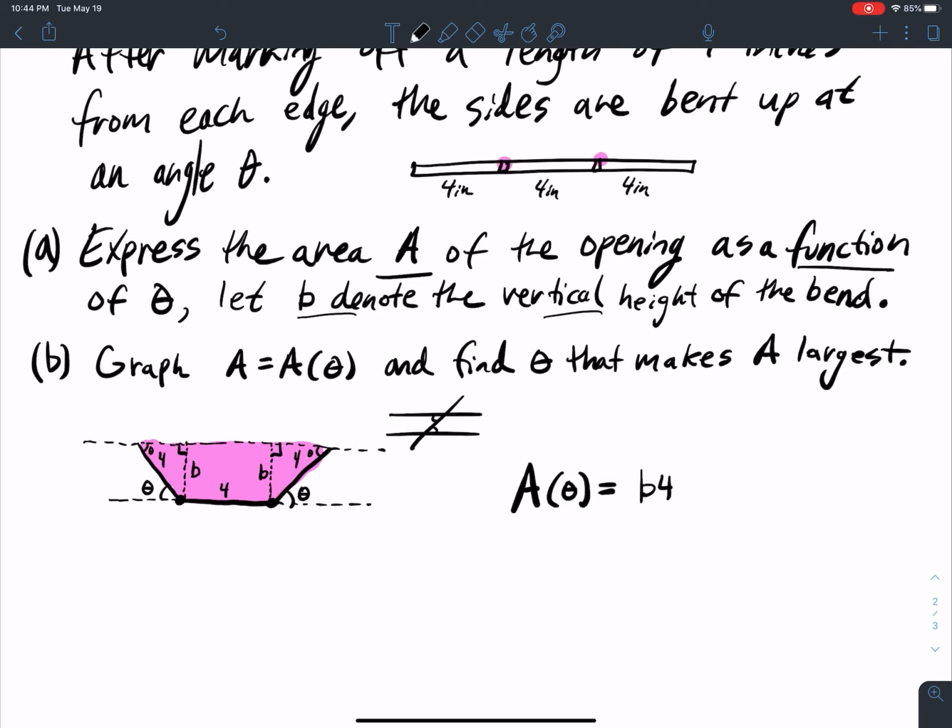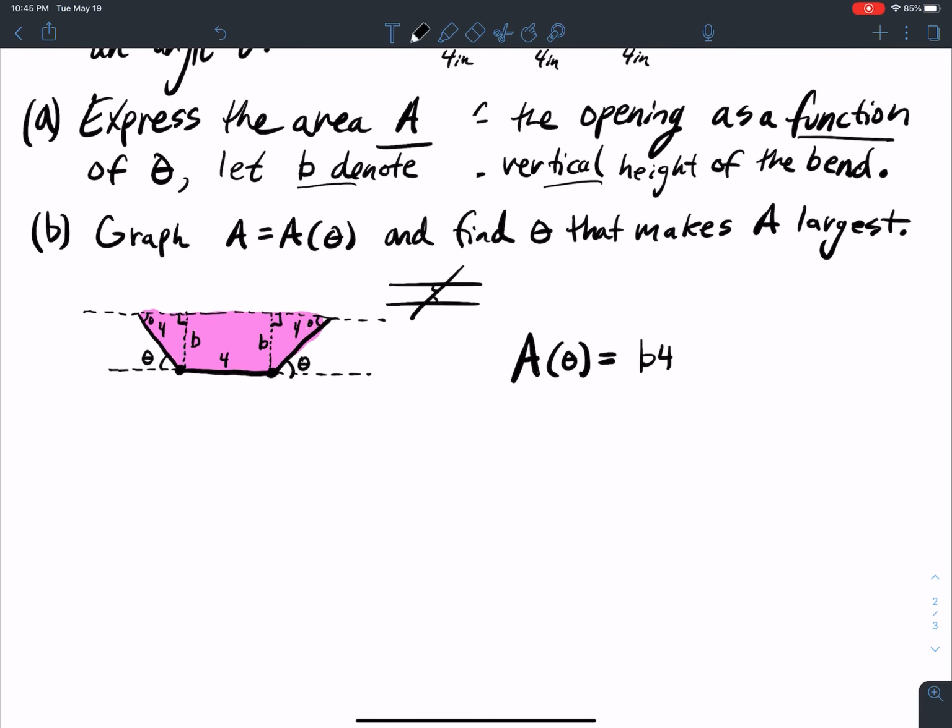And to get this area here, I need to know a little bit of trig. So to draw it out for you, you've got your right triangle. This is 4. We know that's B, and we know this is theta. So I need to know the legs. I don't know what this is here.